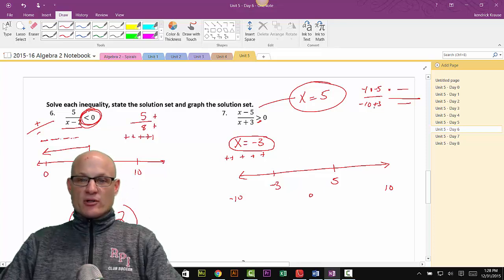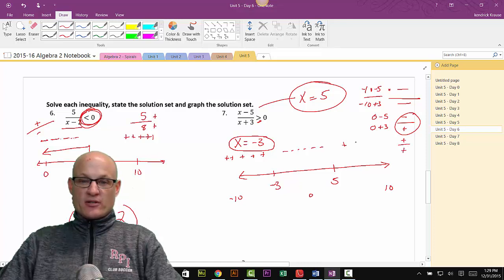Now I'm going to try 0. 0 minus 5, that's negative, all over 0 plus 3, that's positive. Negative divided by positive is negative. And then if I try 10, 10 minus 5 is 5, which is positive. 10 plus 3 is 13, which is positive. So positive over positive is positive.